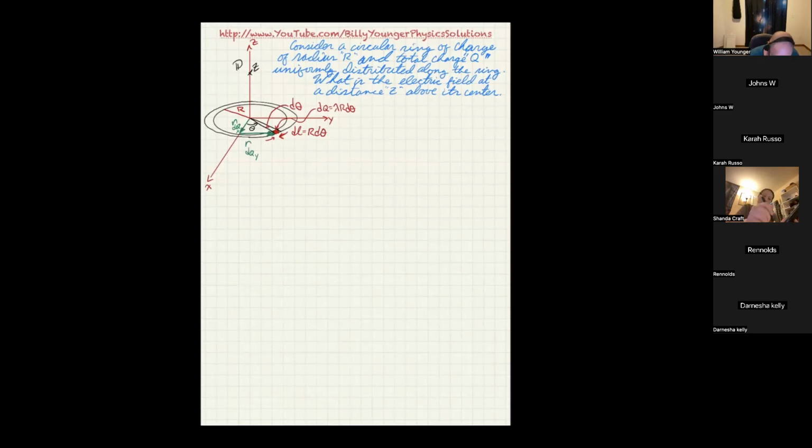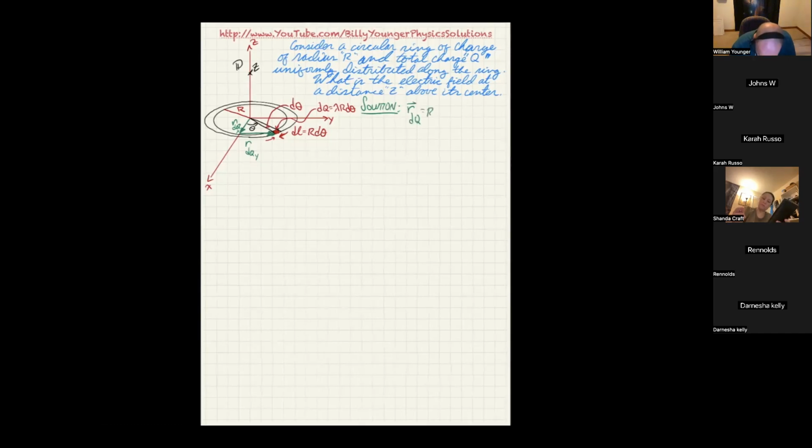Okay, so I can now take and say, let's go ahead and write it in green. RdQ, actually, I don't like that. RdQ is in fact, notice my x component should just be r cosine theta.